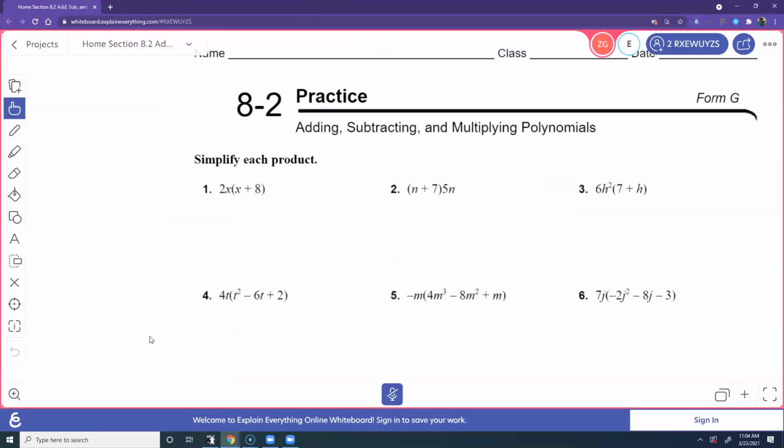All right. So I'll give you a minute or two if you're printing this out, but your assignment will be the evens, which is 2, 4, 6, 8, 10, 12. I'm going to do the odds.